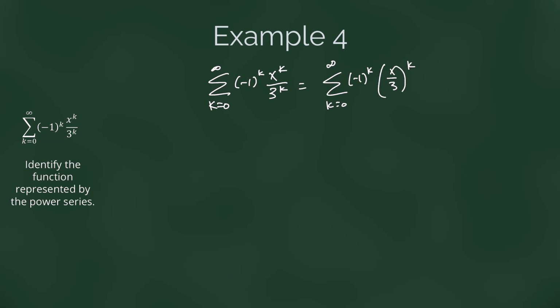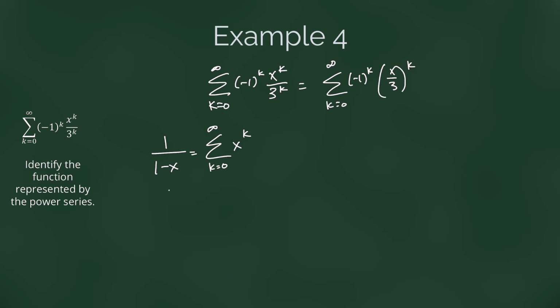Now, we have to recall that 1 over 1 minus x is the sum from k equals 0 to infinity of x to the k. So a hint that might be useful to us because we have something geometric.